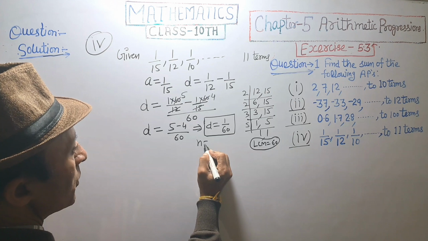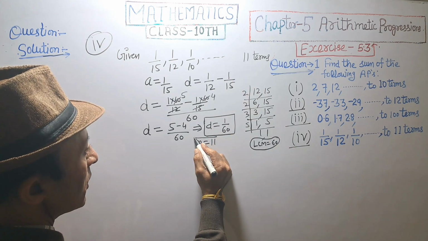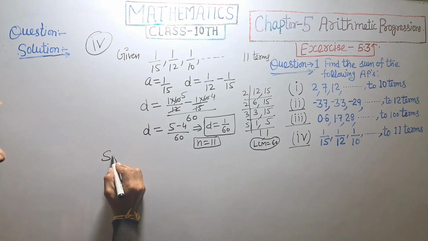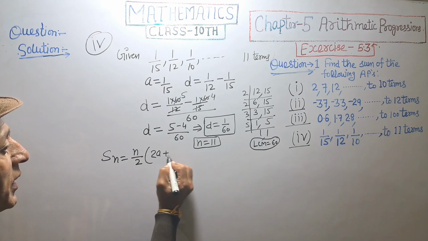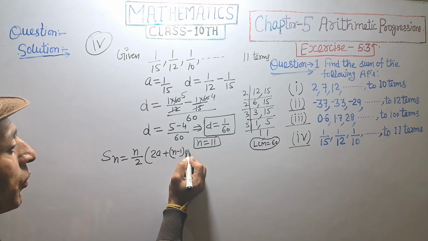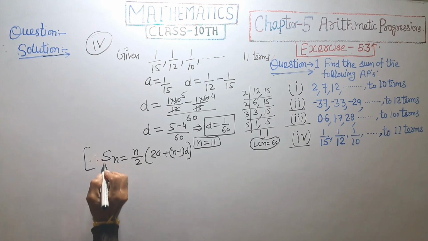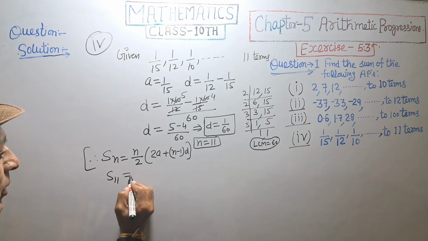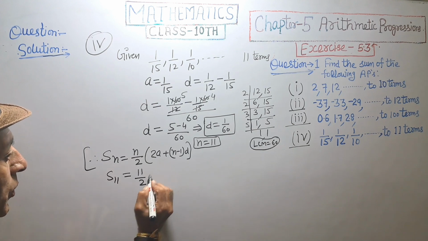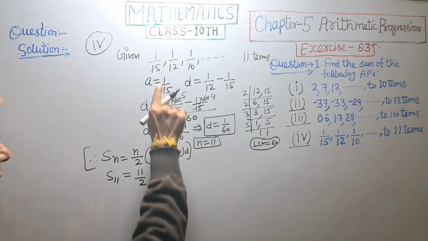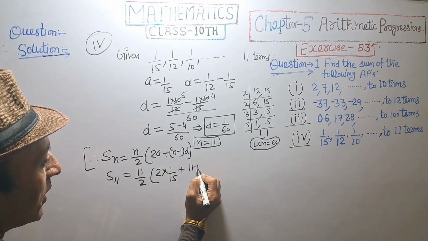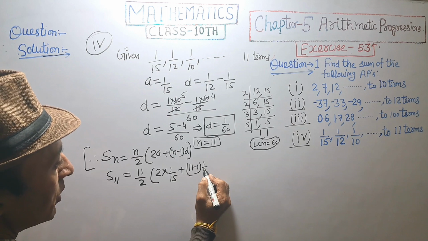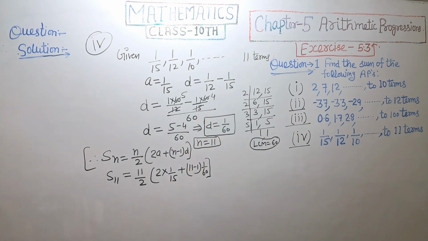N is 11. So Sn is equal to n divided by 2, 2a plus n minus 1 into d, using the formula Sn. So S11 is equal to 11 divided by 2, 2 into a, 1/15, plus 11 minus 1 into d, which is 1/60.